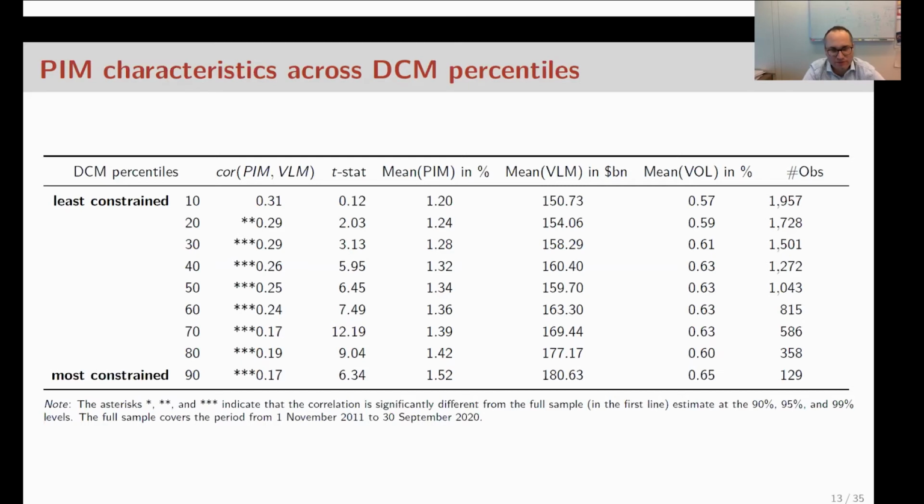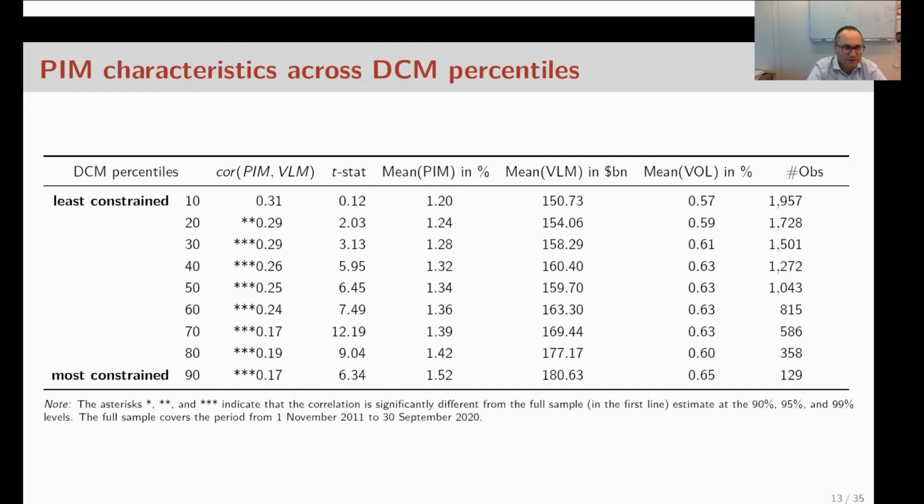Now I would also like to draw your attention to the correlation between the price inefficiency metric and intermediated volume, which is a key object that interests us in the paper, both empirically and theoretically. We see that typically in the unconstrained regimes, there is a relatively good correspondence.